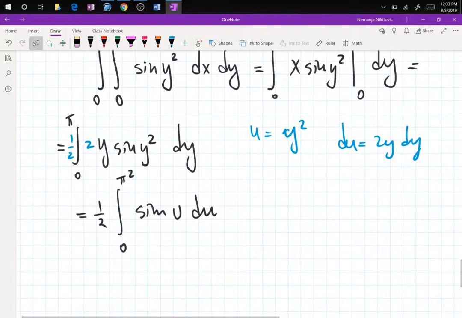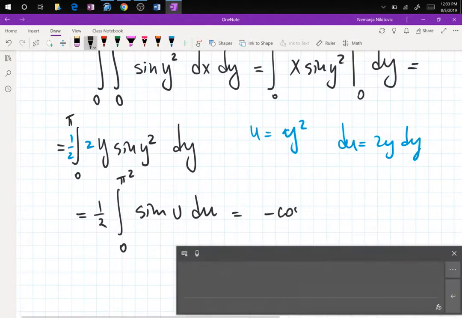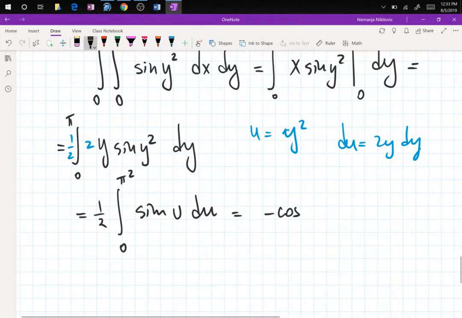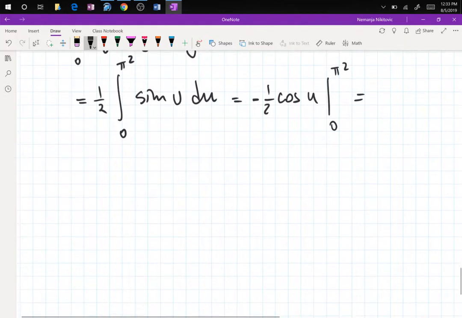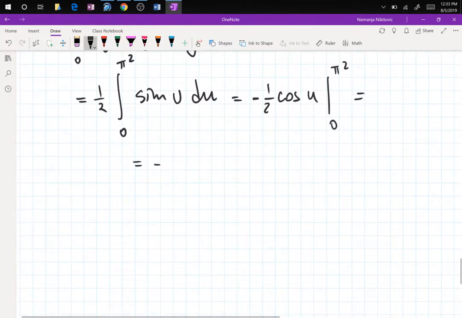The integral of sine is negative cosine, so negative cosine of u. There's another half in front, so negative 1/2 cosine u, from 0 to pi squared, which gives us negative 1/2 cosine pi squared.